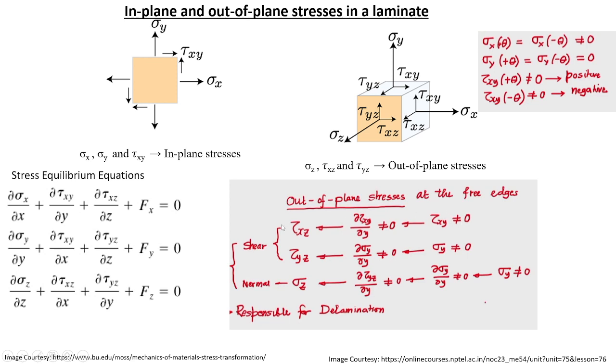So from that, we can get the value of the out of plane shear stress in xz direction. The out of plane shear stress in yz direction depends on the value of the stress in y direction, which is an in-plane stress, and the stress in z direction depends on the stress in y direction. So from knowing our in-plane stresses, we can find out the out of plane stresses. And these out of plane stresses are those which are responsible for delamination of our composite.